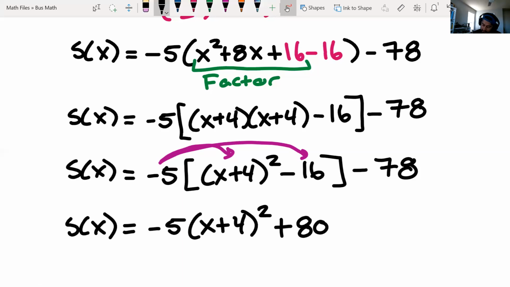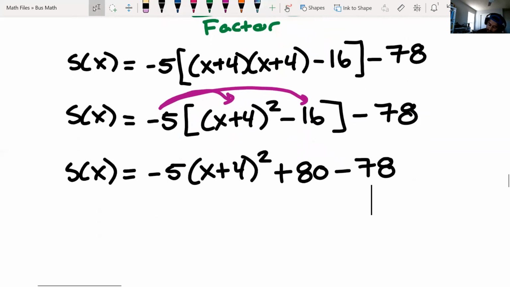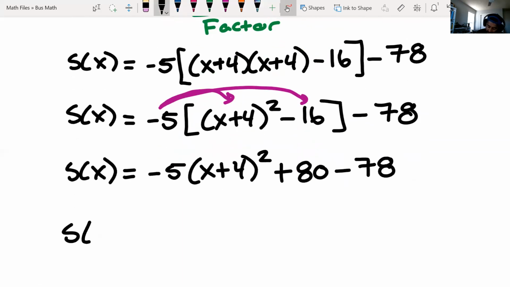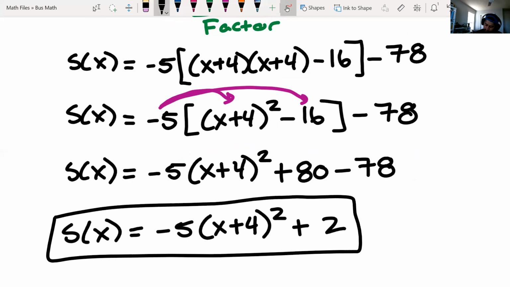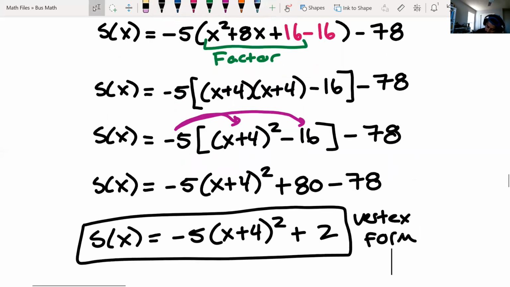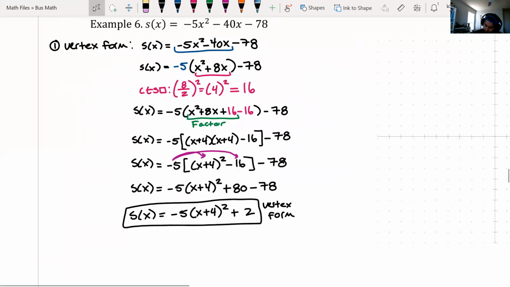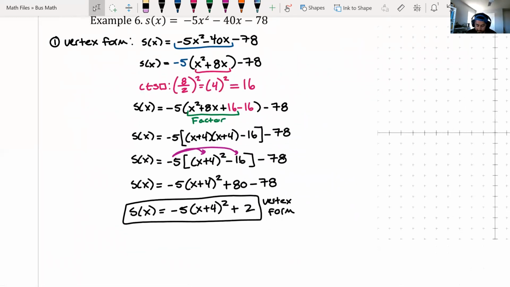That's 80, minus 78. And we'll finally get our vertex form of -5 times x plus 4 squared plus 2. Woohoo. All right, good times. Okay.